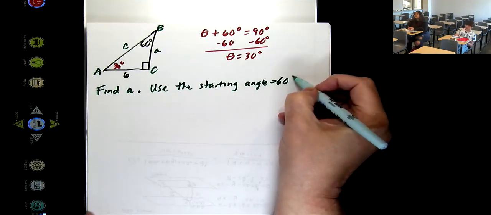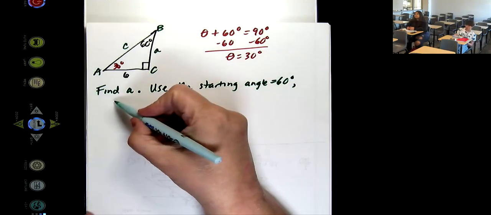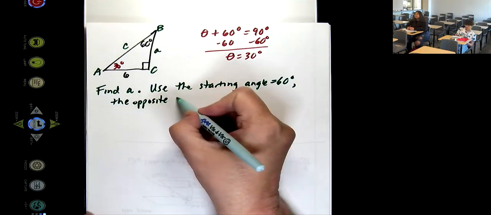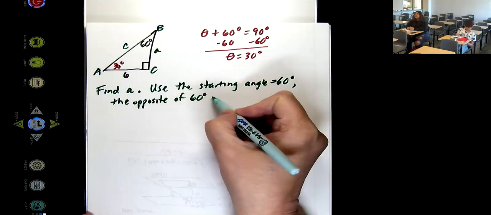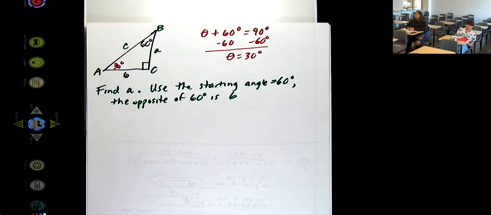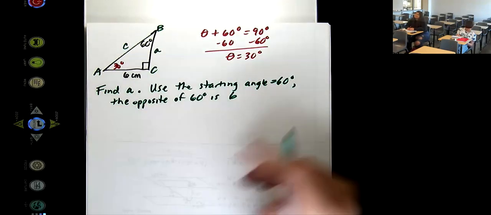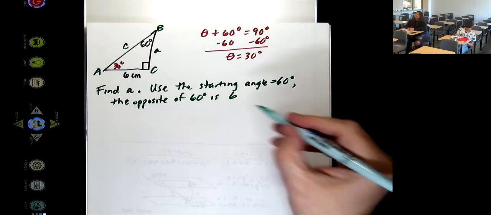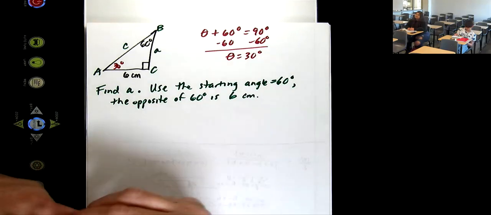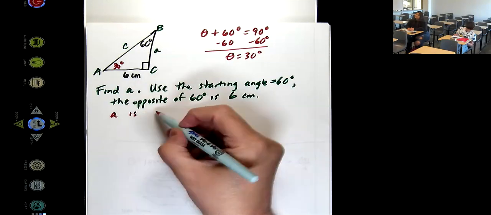Which is 60 degrees. The other piece of information we have is the opposite side of 60 degrees is 6. Maybe I should give it some units. Let's call it centimeters. So I want to find A. A is adjacent to the 60.